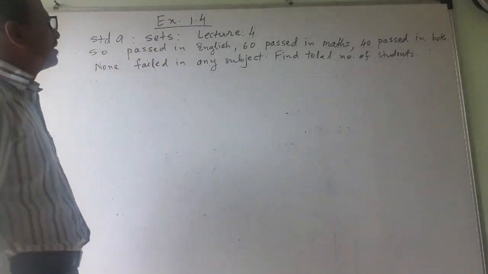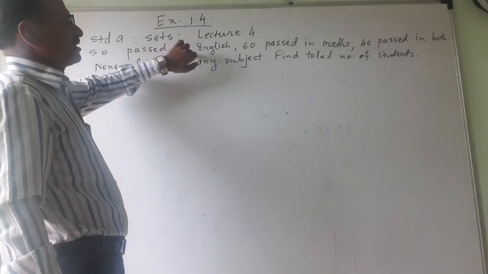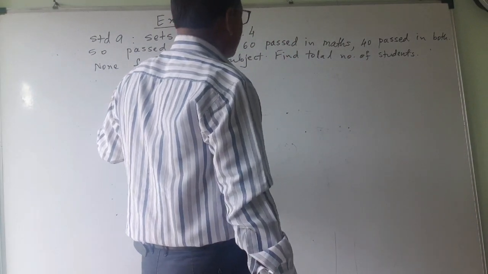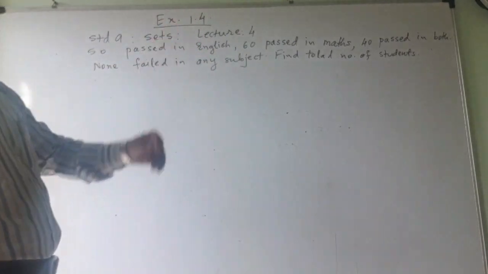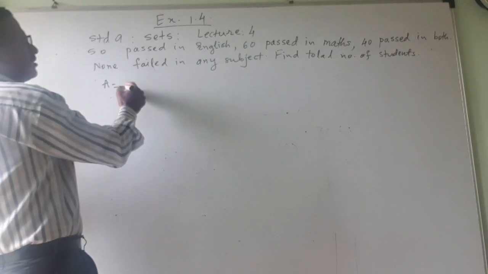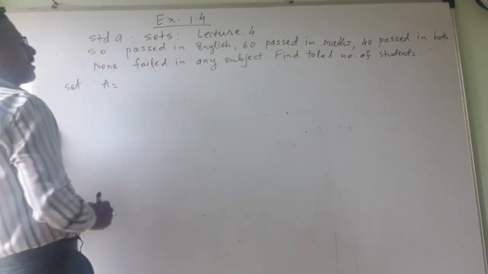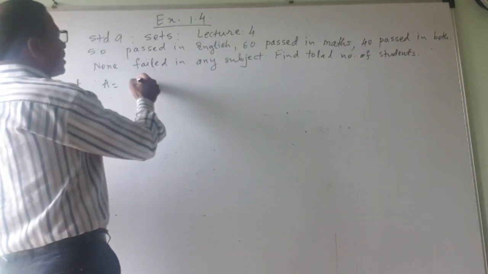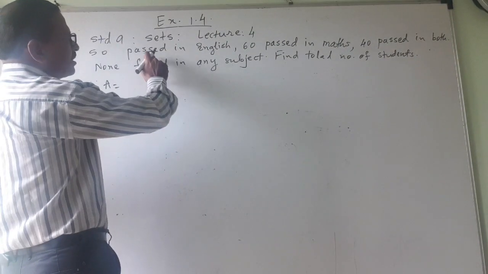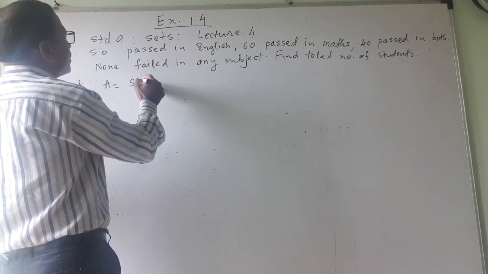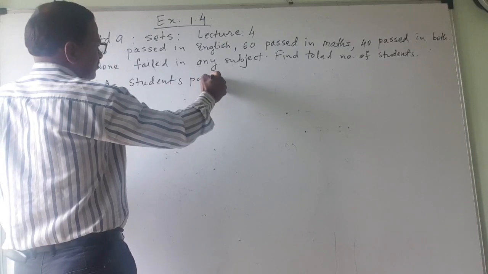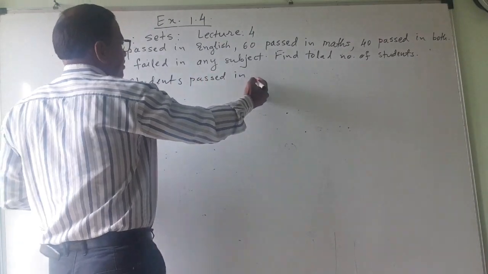That's simply 50 passed in English, 60 passed in mathematics, 40 passed in both the subjects. Means that is the intersection, the common. Set A is the students passed in English.